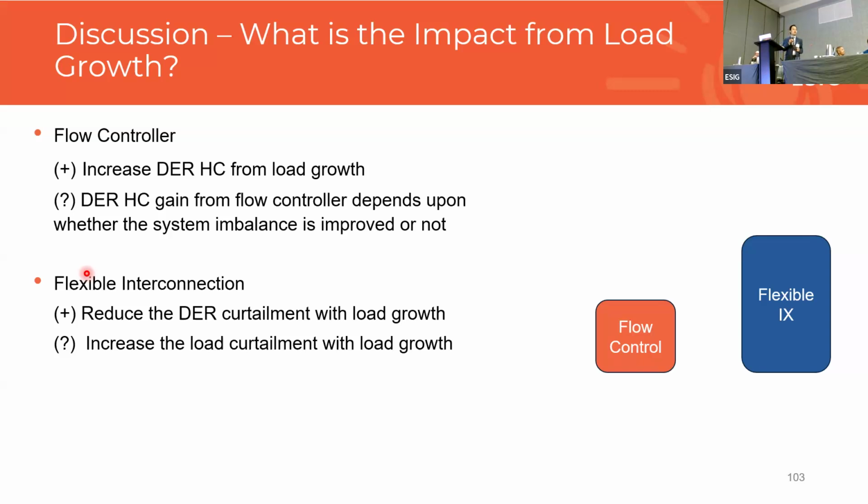But in the next few years, when the device is in the field, your load will grow, if you do more electrification, for example. The question here is, what would be the impact of your load growth on the performance of the technology? For example, for the flow controllers, will that increase?